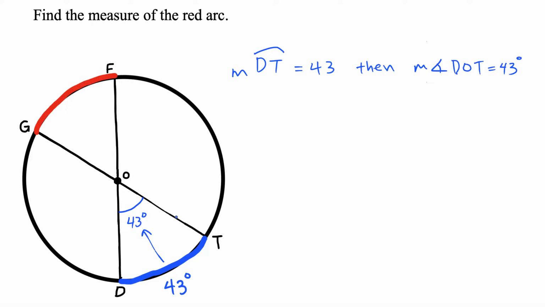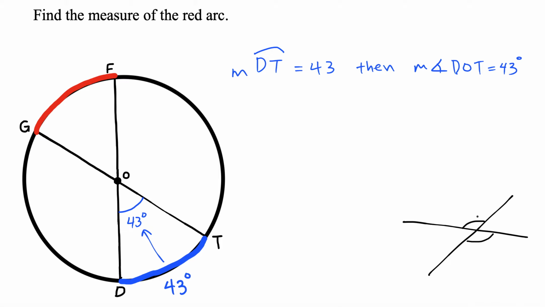Now our next step, we have to bring in another piece of information that we should already know. It is the vertical angle theorem. I'm just going to put this as a little note on the side, but we should have remembered this from first semester. Whenever you have angles that are created by two lines that intersect, the opposite angles, or the vertical angles, are always congruent.